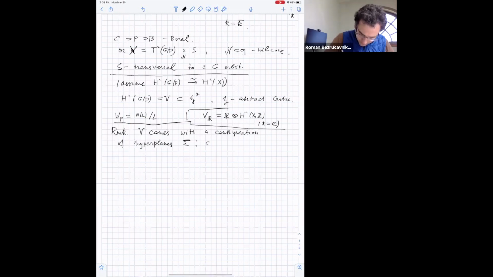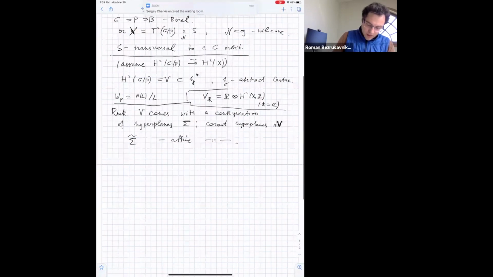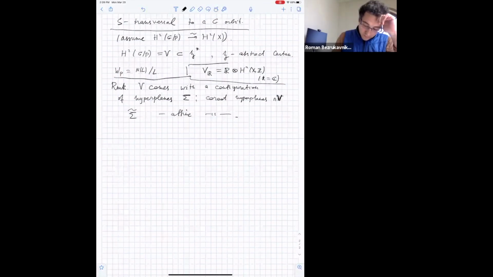So these are hyperplanes passing through zero, and there is also sigma tilde if you take the affine ones. And so if you remove the hyperplanes in sigma, you'll get a disjoint union of cones.